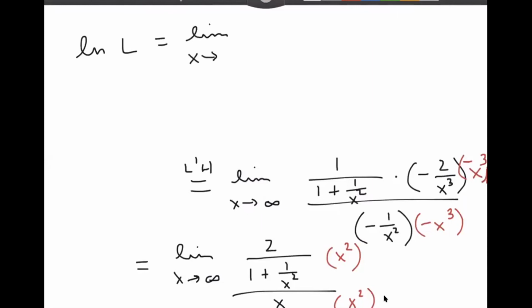Limit as x approaches infinity. Let's see now. Oh goodness, is that what I wanted to do?